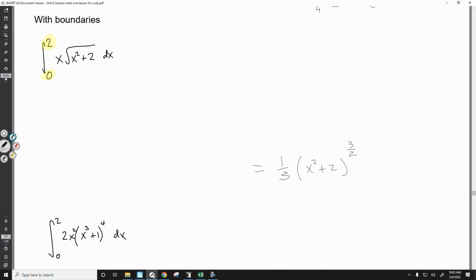Don't love this example, but plugging in 0 and 2, I get 6 to the 3/2 times 1/3, minus plugging in 0. Unfortunately, I don't get 0. I get 2 to the 3/2 times 1/3.